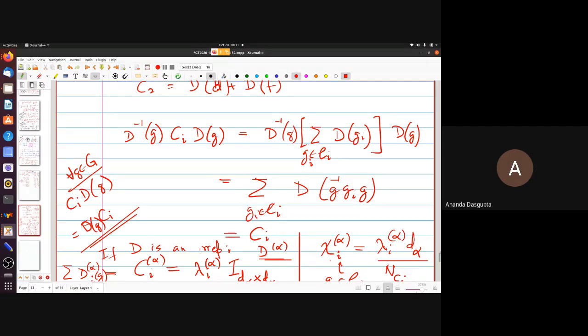I have deliberately left out some pieces of Burnside's method. For example, I've not told you how to find out d alpha from here. You should be able to figure that out pretty easily. Of course, you might say that I already know what the d alphas are. I know what the dimensions of the irreps are, but I'm not going to allow you to do that. Just from this group algebra, class algebra, you should be able to find out everything.